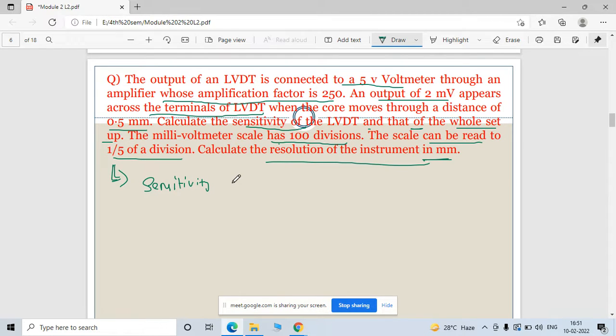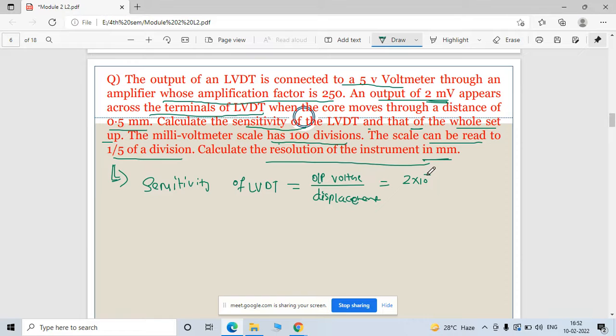Sensitivity of LVDT, I can say, you can directly use output voltage upon displacement here. Because the output is a voltage, right? And what is the output voltage? The output is 2 millivolt.